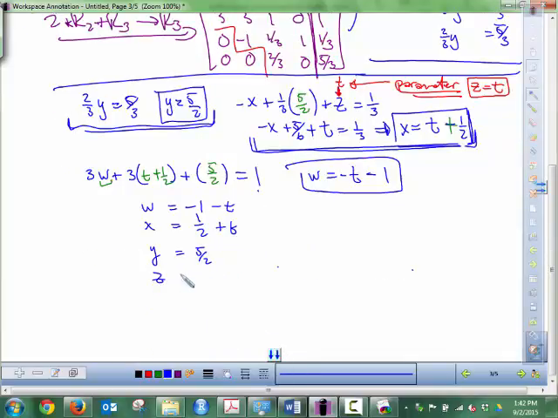I'm going to write it, you know how we write the system with spaces and stuff. I'll write the t over here. Now, this is my solution, and my solution, x, y, w, x, y, z, is equal to something with t's in it. Now, this is hard to visualize. Let me rephrase that. This is impossible to visualize because we're in 4 dimensions.